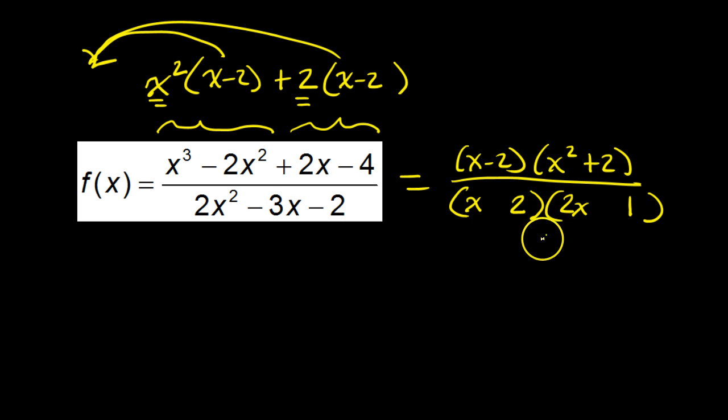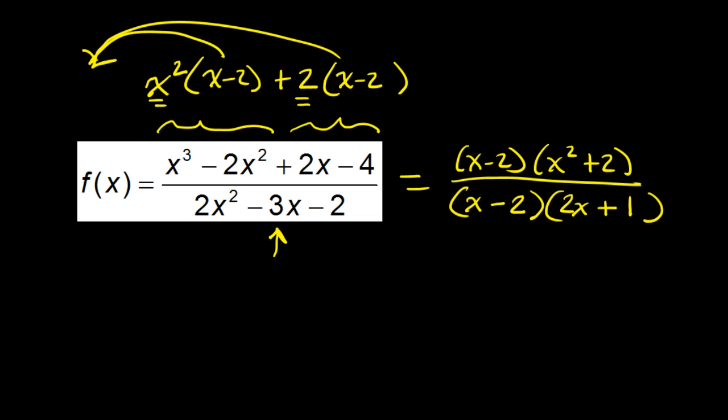Inner, I have 4x. Outer, I have 1x. I'm trying to get a middle of -3x. I can get -3 if I have -4 and +1. So that means negative here and positive here. That does make -2 because -2 times 1 is -2. So that's how you factor the denominator.